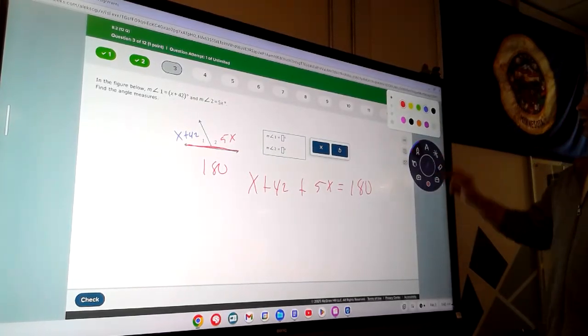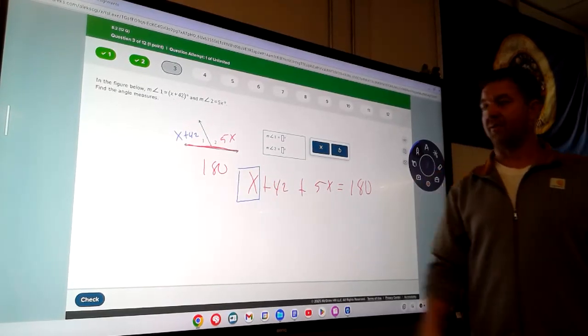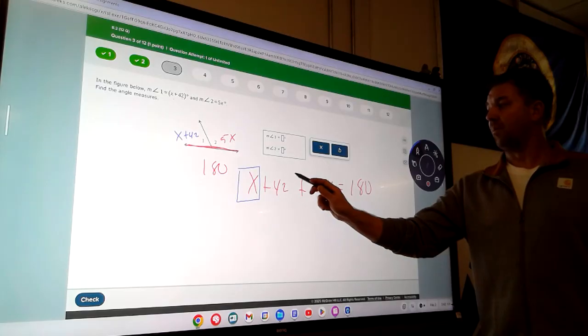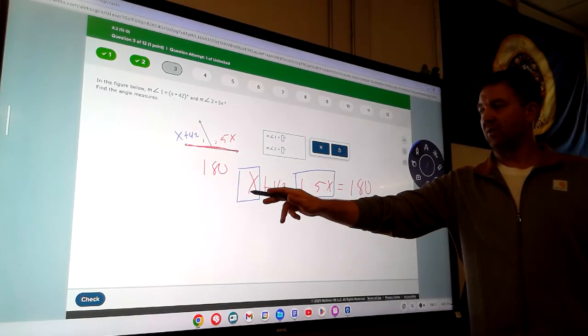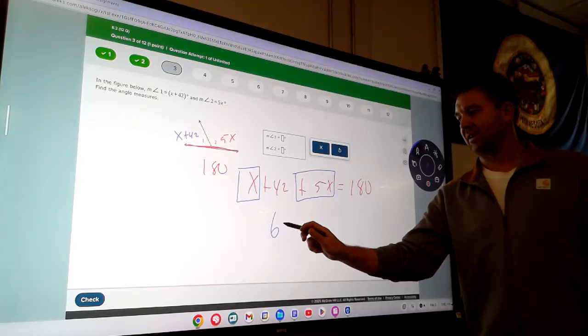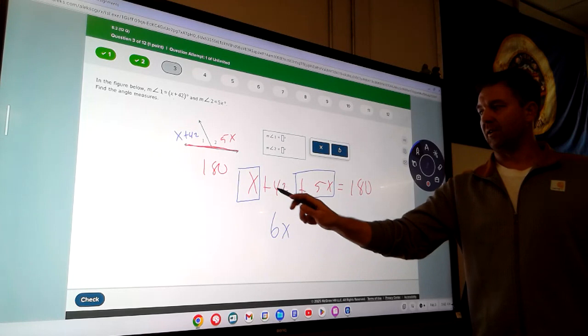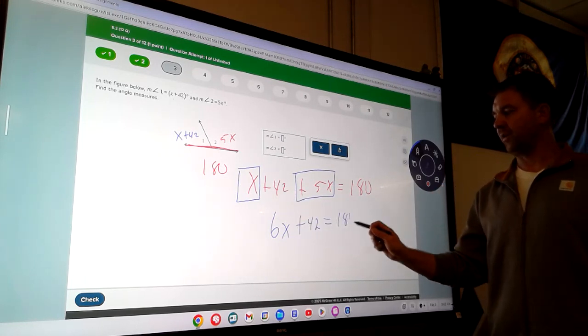Now, look for your like terms. Remember back we put boxes around them with the sign in front. That's a positive x plus 5x. Remember I put the box around the plus sign? What's 1x plus 5 more x's? I have 6x. I still have this plus 42, and this equals 180.